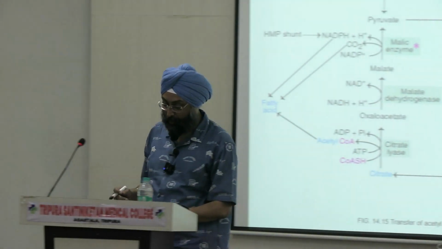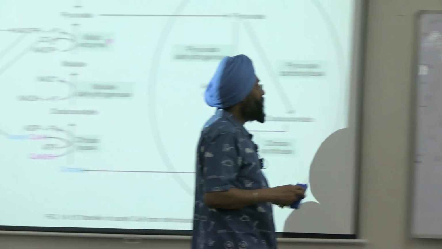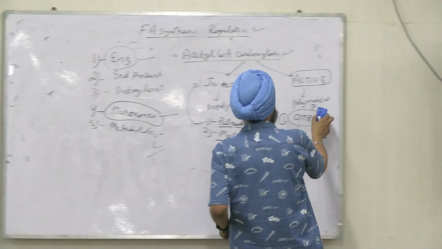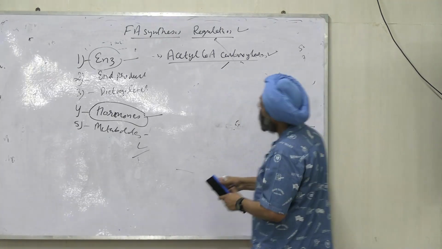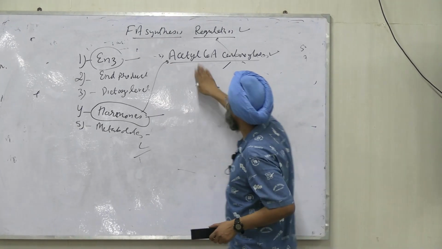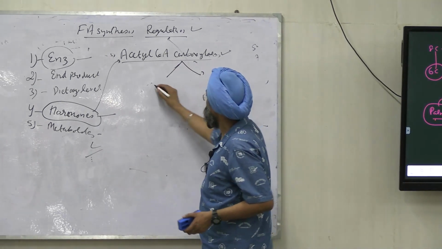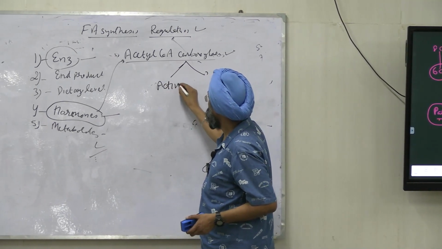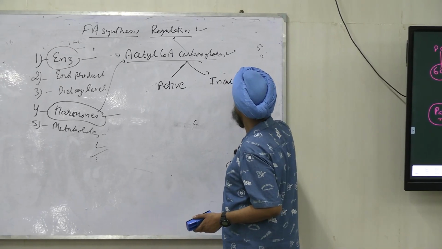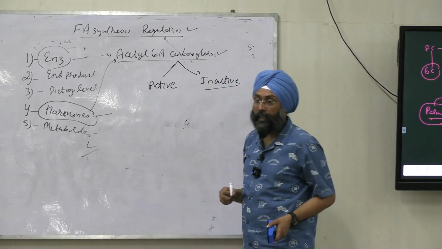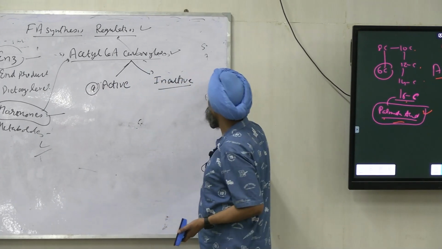Any guesses? Hormonal regulation. Again, this enzyme, acetyl CoA carboxylase, has two forms. One is active and the other is inactive, right? And this active form, you can say it is the A form, and this you can say is the inactive form.